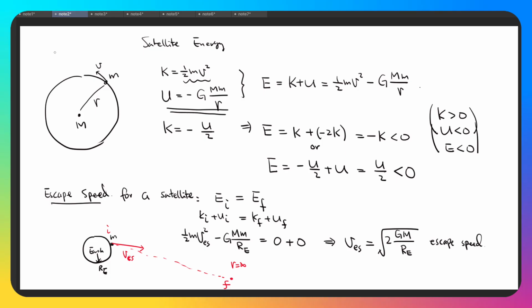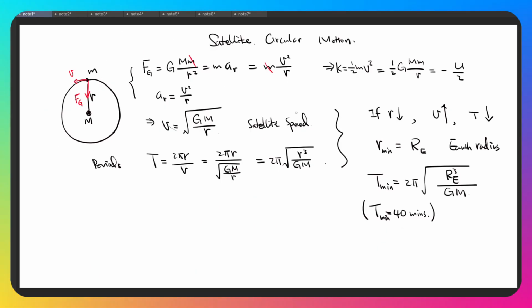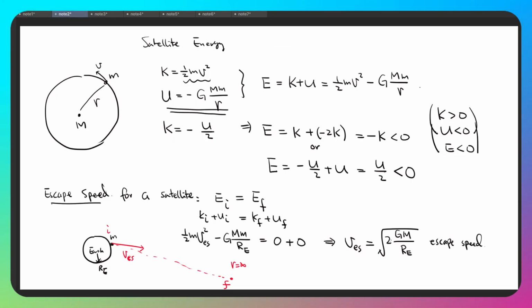Now let's compare to the previous speed, this expression here, where we said that the minimum height of a satellite is this little r here equals the Earth's radius RE, right? So if I plug that in, that would be the minimum satellite speed I need. The speed of the satellite along the Earth's surface, right on the Earth's surface. Okay, so now we have a factor of square root 2 compared to that. Okay, so that's the escape speed.